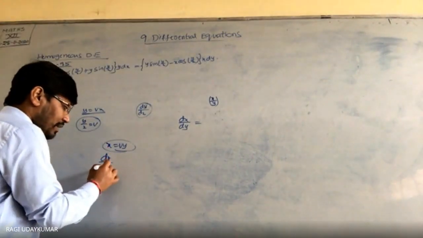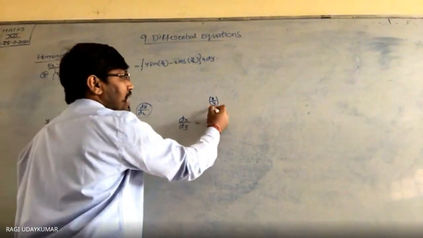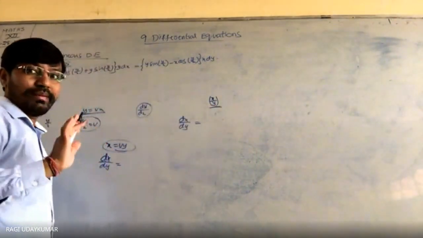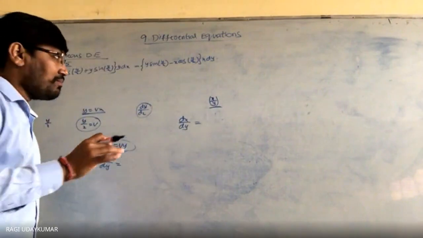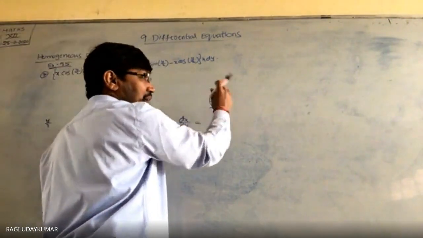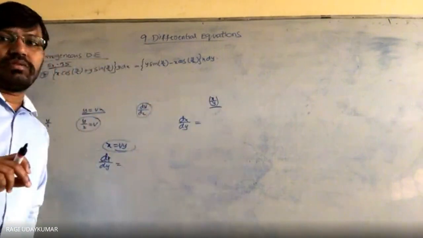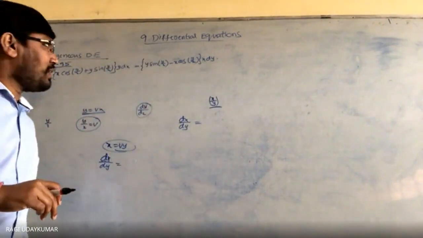Wherever you have x by y, mostly but not in all problems, it can be converted into y by x, but here it cannot be.